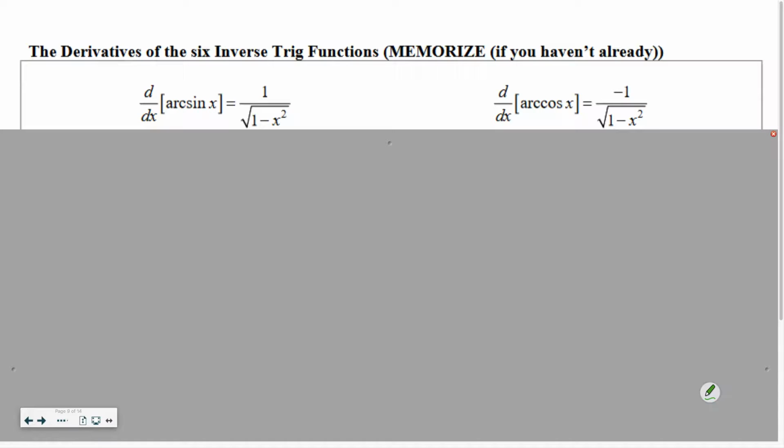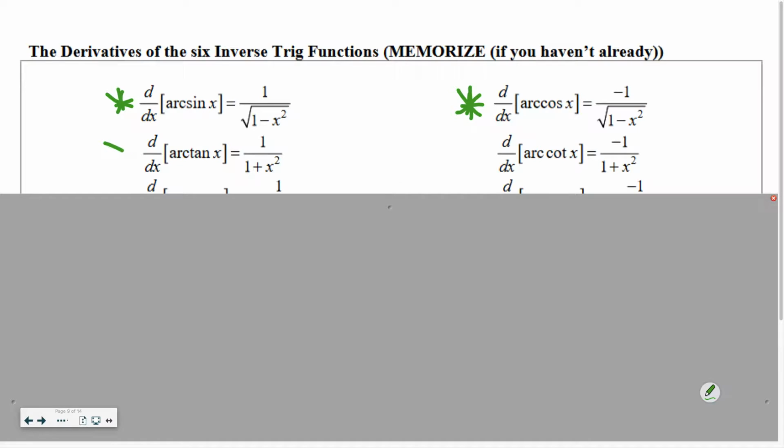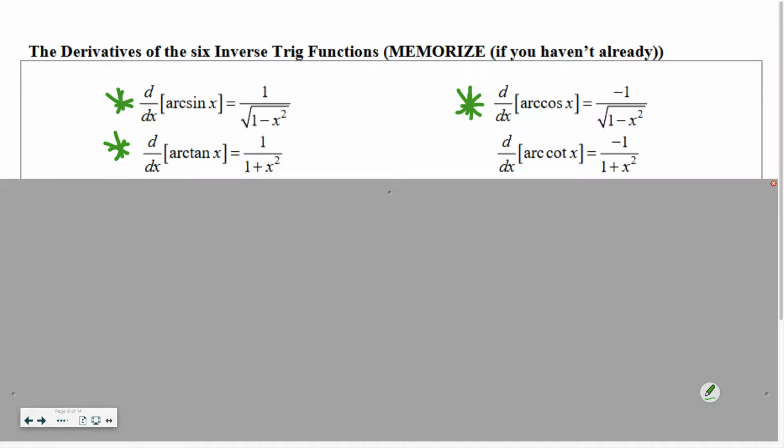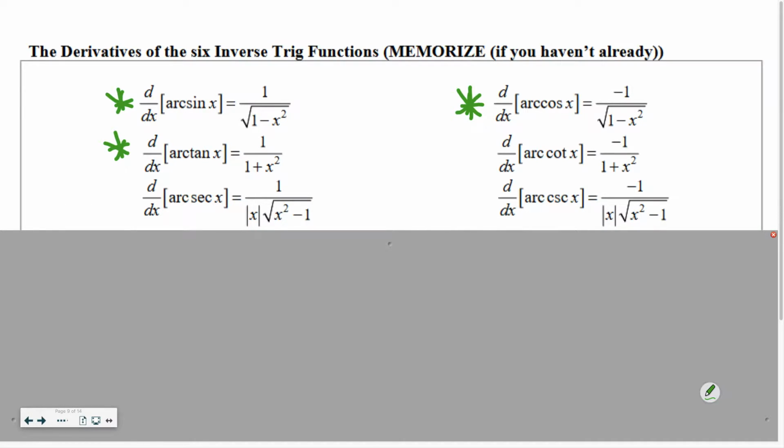And guess what? These 3 are the 3 I need you to remember. These other 3, if they appear in your homework, you'll have this sheet to help you, but they will not appear on a rule quiz or a test, because they wouldn't appear on the AP test, so I'm not going to force that on you.